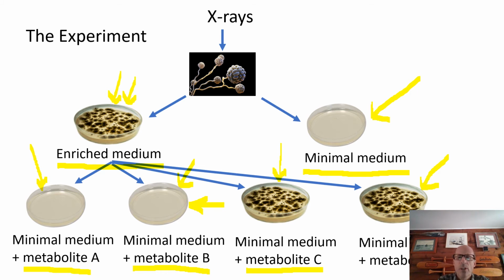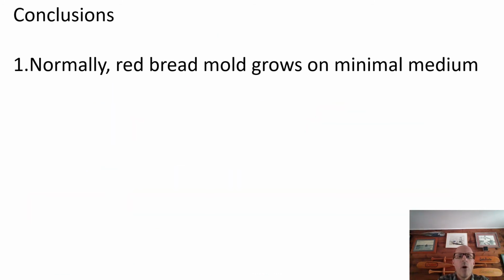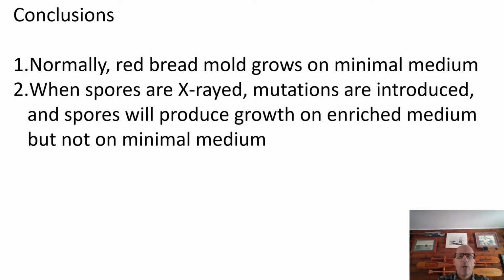So a number of conclusions could be made from this data. Number one, Beadle and Tatum determined that normally bread mold will grow on minimal medium. It doesn't take a lot for mold to grow. But when you expose the bread mold spores to an X-ray, obviously the DNA was altered.